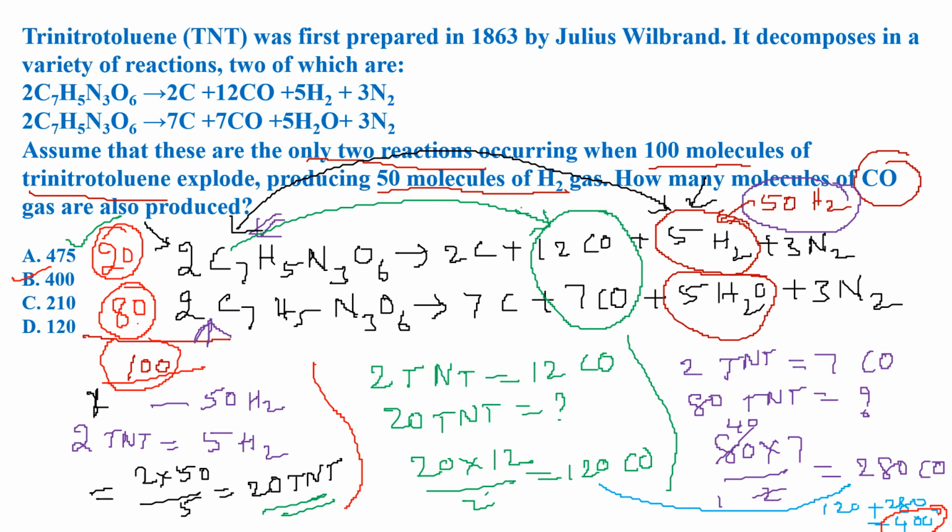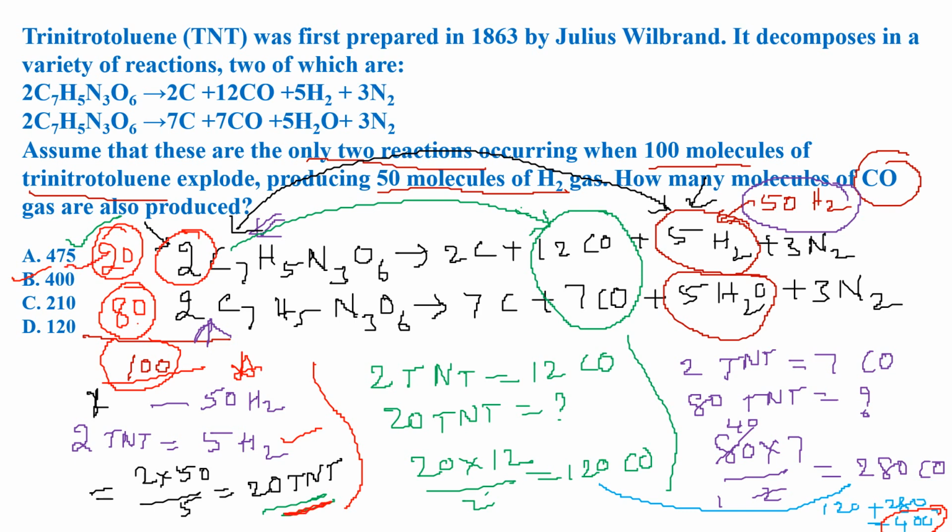How did you get this? First, initially 2 molecules of TNT produce 5 molecules of H2. Then based on the given information, 50 molecules of H2 gives how much? Indirectly 20 TNT.